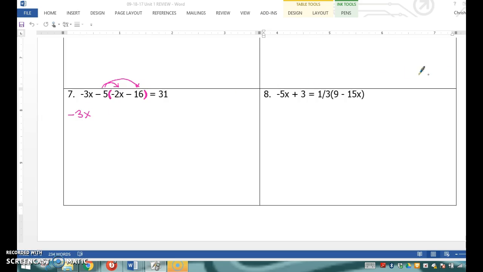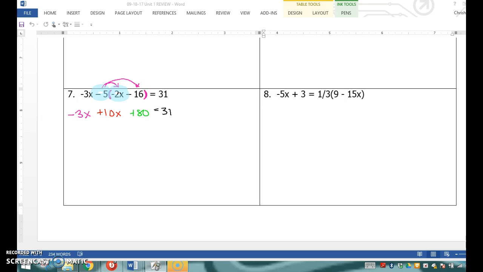Negative 3x. Now when we distribute, we have negative 5 times negative 2x. That would be positive 10x. Then we have negative 5 times negative 16, positive 80, equals 31.